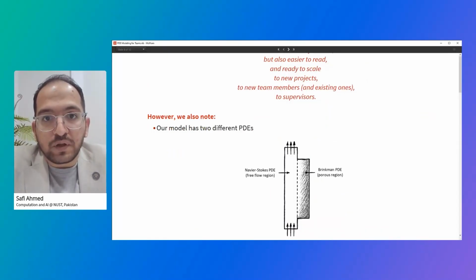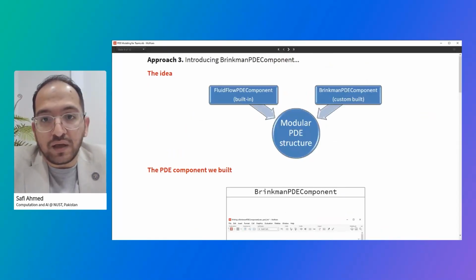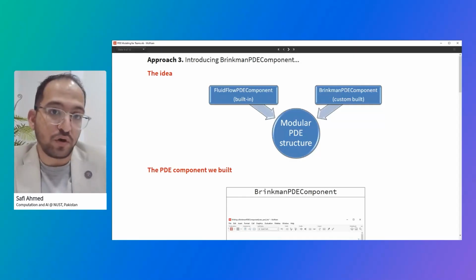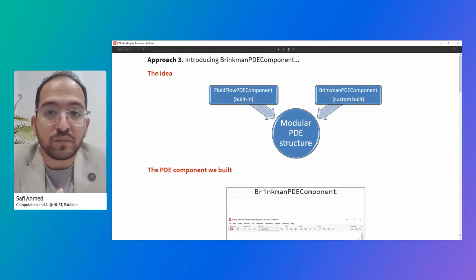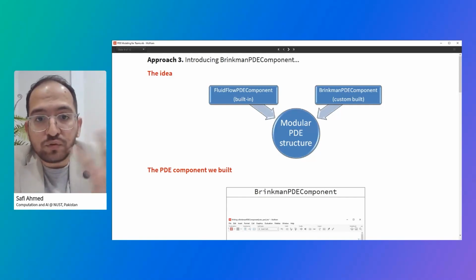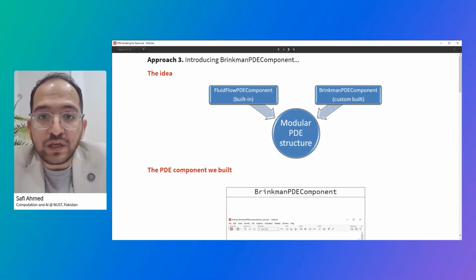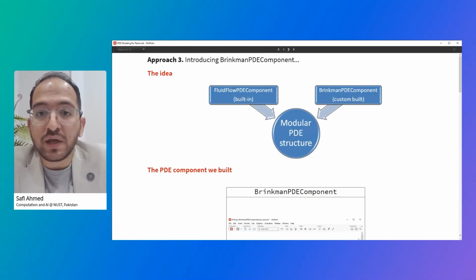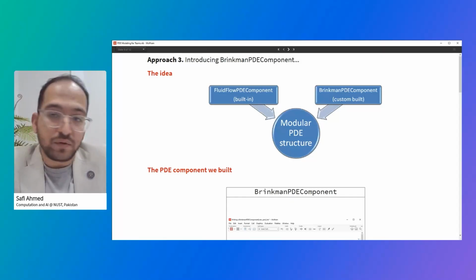Well, what I did there is I wrote my own Brinkman PDE component for the region for which the PDE component was not already available within the Wolfram language. And so the idea there is that I used the built-in fluid flow PDE component, and then I used my custom-built Brinkman PDE component, and that gives me a modular structure which results in a modular code.